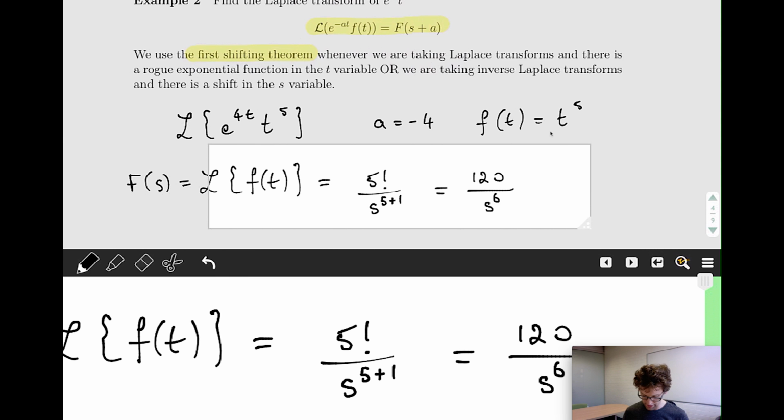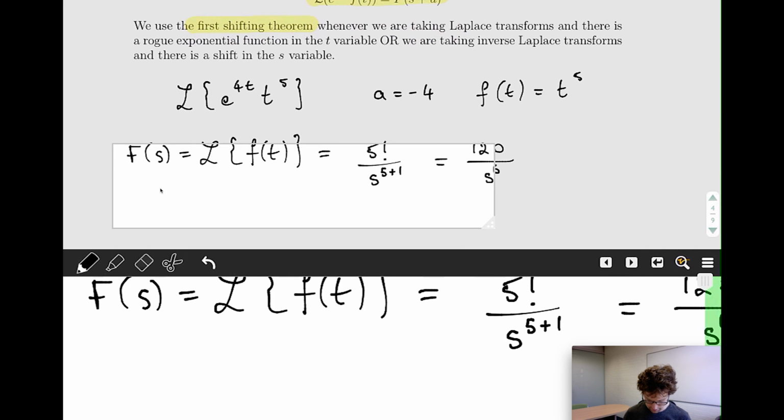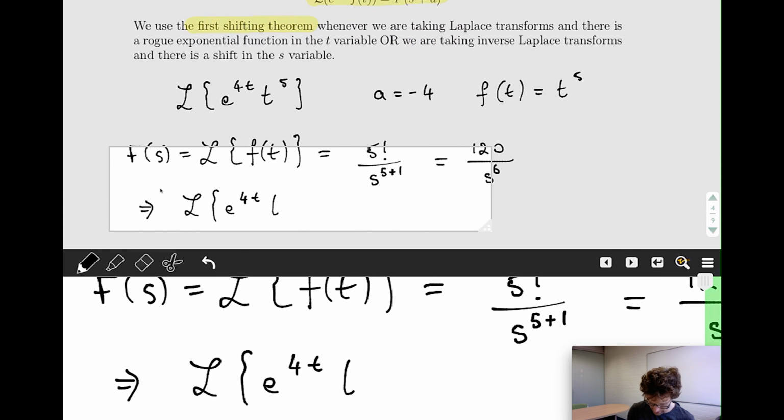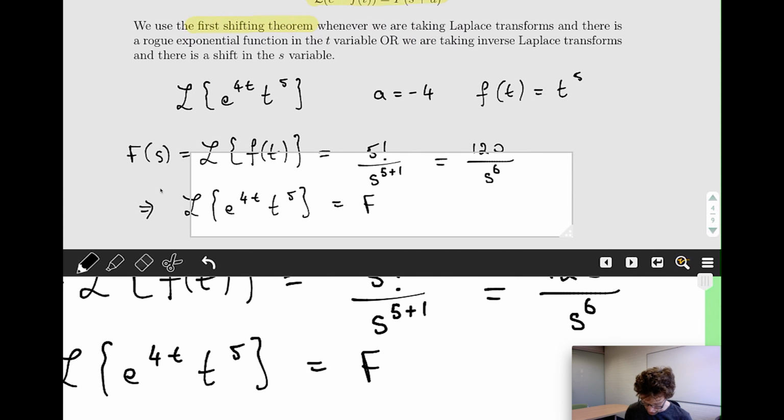Okay, we're not finished yet, however. Because we have that exponential multiplying our t to the 5, when we move into s world, we're actually going to have to take this function of s and shift it by a. So this implies that the Laplace transform of the exponential times t to the 5 is going to be the shifted function F of s plus a, so a was -4.